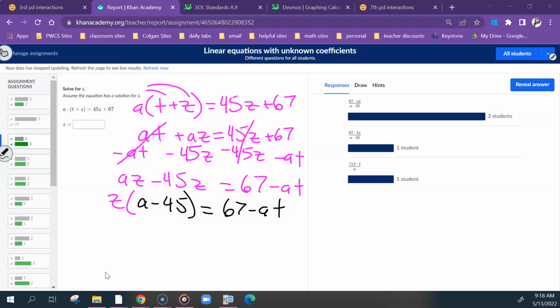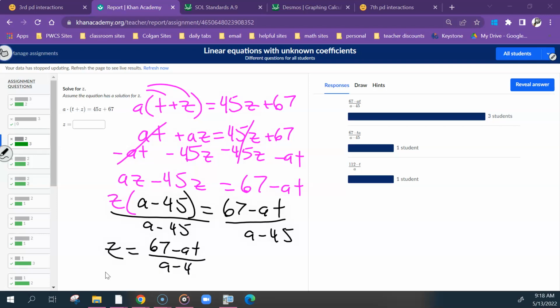Divide everything by this set of parentheses, or this A minus 45. So Z would equal 67 minus AT over A minus 45, which is this first thing.